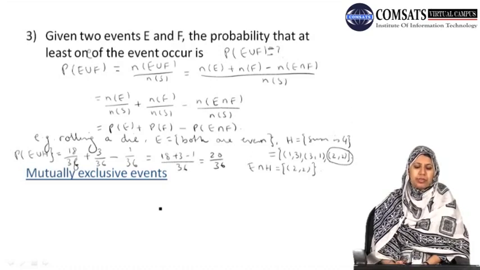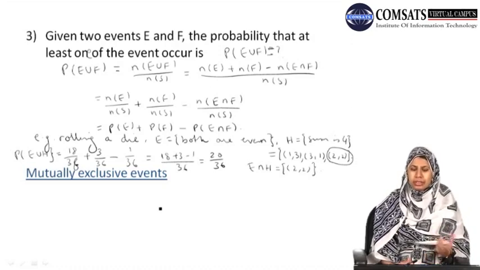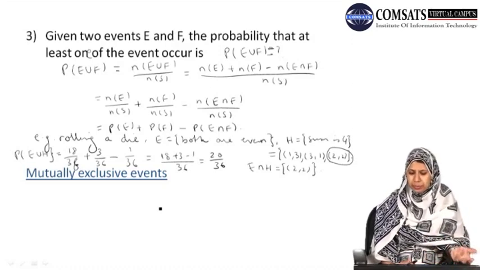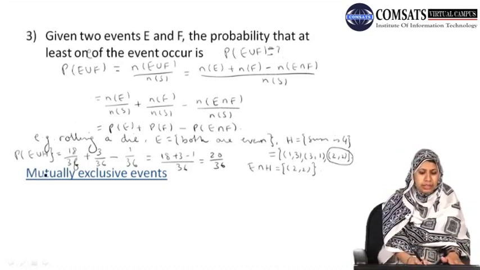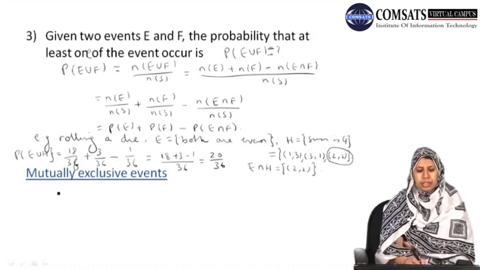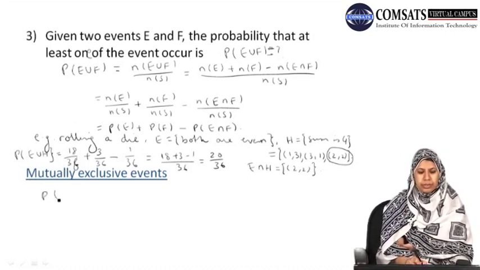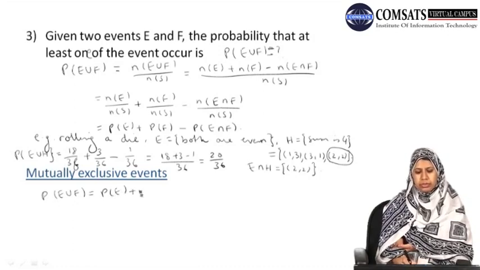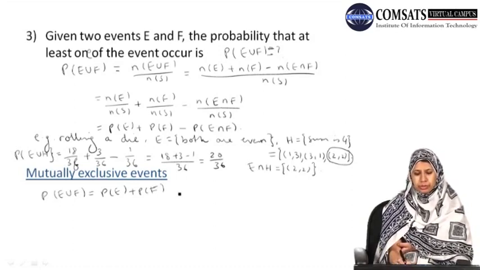In our last lecture we have also seen a type of events called mutually exclusive events. That is when the events have nothing in common or their intersection is an empty set. Then in the case of mutually exclusive events, our formula will reduce to the probability of the event E plus the probability of the event F minus this term, which will be equal to 0.